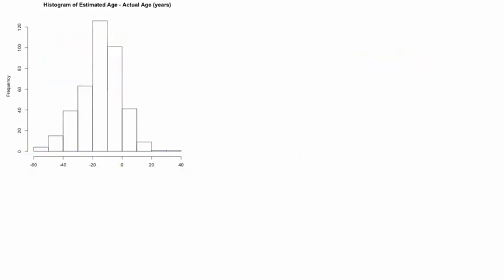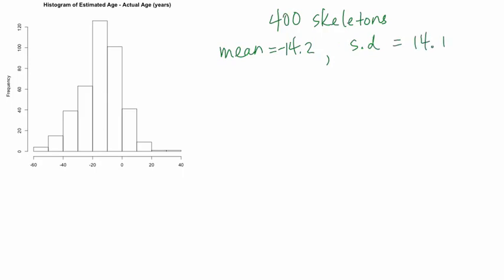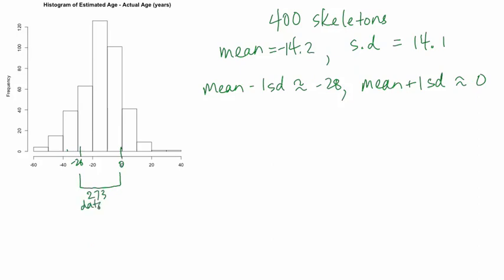As an example of how well the empirical rule works, we can look at the difference in estimated age from skeletal remains and actual ages at death, which we saw has a unimodal and symmetric distribution. For these data, the mean is -14.2 and the standard deviation is 14.1. One standard deviation on either side of the mean is the range from -28 to 0, which covers 273 of the 400 data values, or 68.3%.